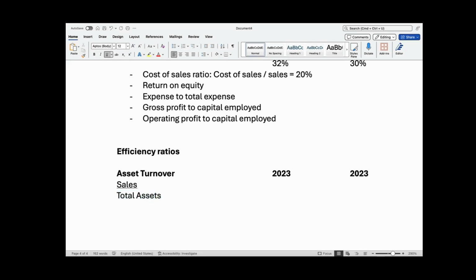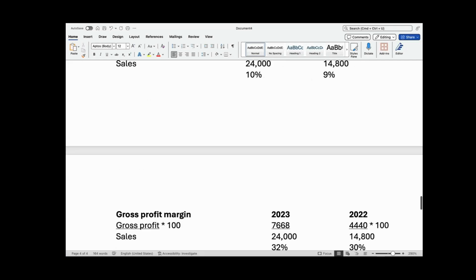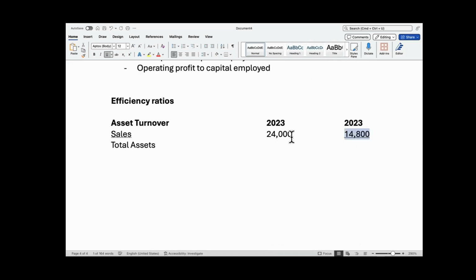So in 2023, my revenue is 24,000, and in 2022, it is 14,800. Let's go and check our total assets in 2023 and 2022.